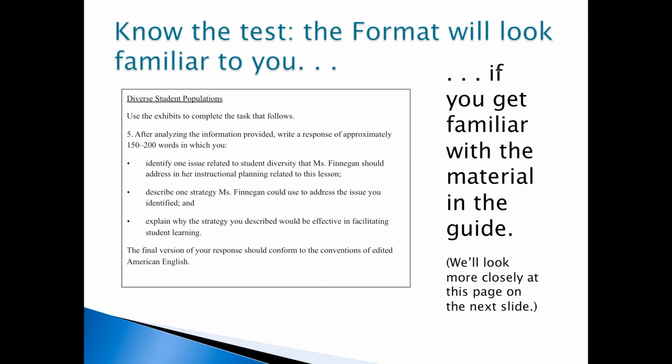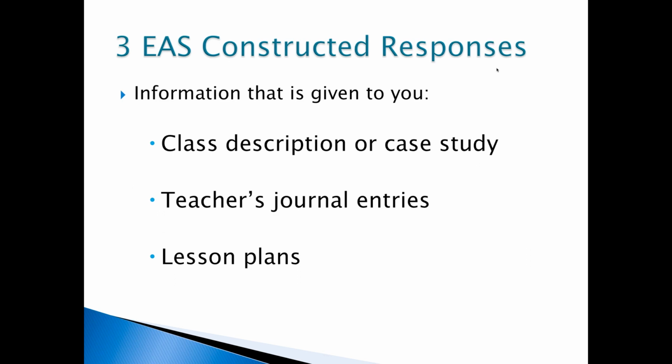On knowing the test, it's nice to get into a test and it looks familiar. So if you look at the sample and get familiar with that, you should be familiar with what appears before you when you take the test. You don't need to read this right now because we're going to look at it more closely in just a second. This is the EAS exam. And remember that there are 3 EAS constructed responses.